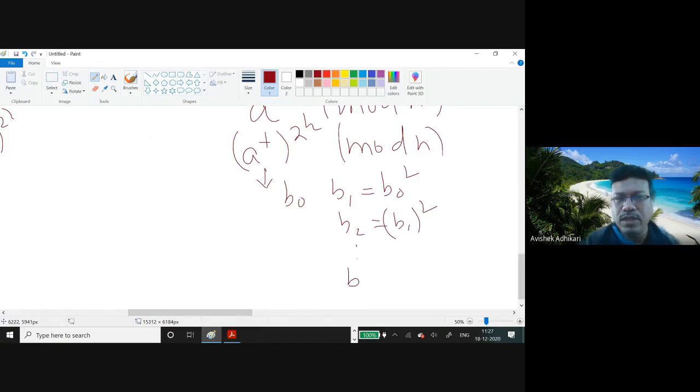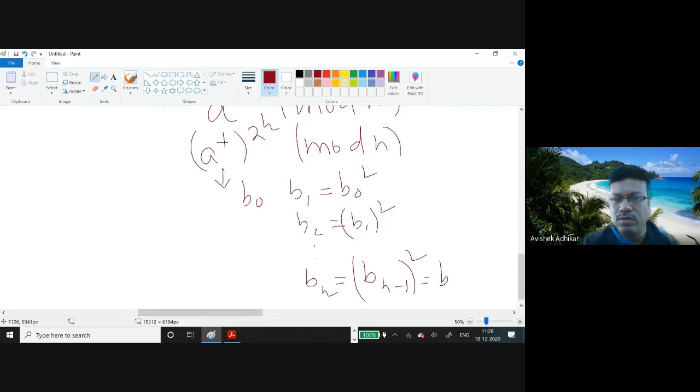So at the end, what will you get? Ultimately, you will end up with B_h, which is nothing but B_(h-1) whole square. And if you go back, in terms of B0, you will end up with B0 to the power 2 to the power h.